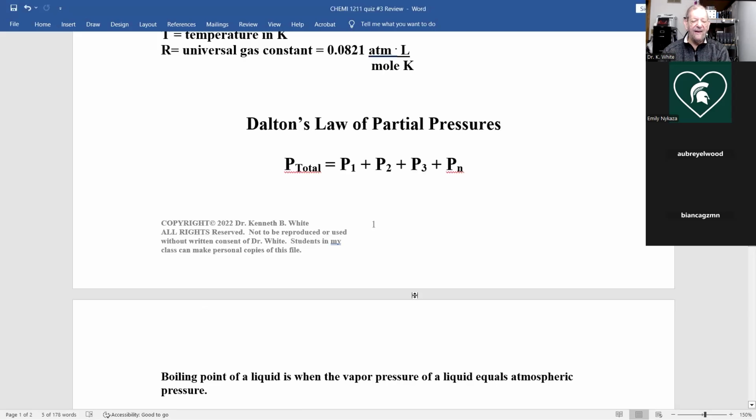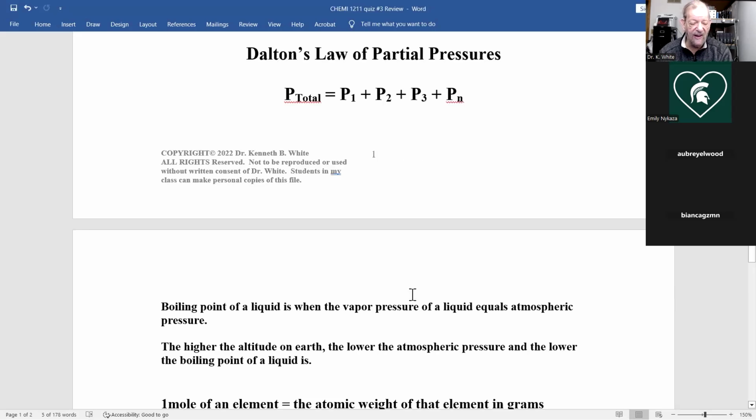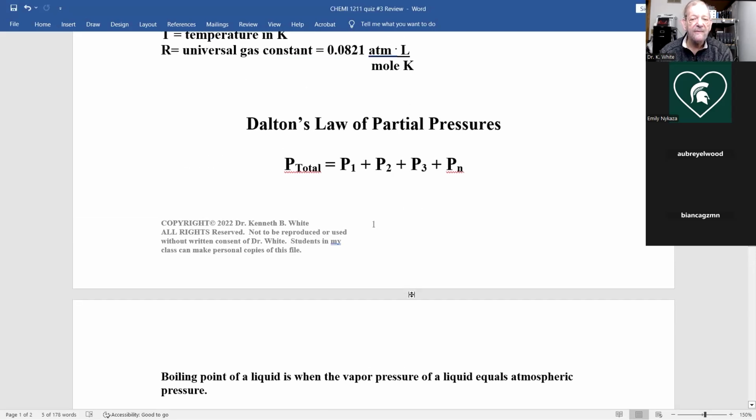And the last couple of things I like to talk about are Dalton's law of partial pressure. And that is the total pressure is the sum of the partial pressures of a mixture of gases.